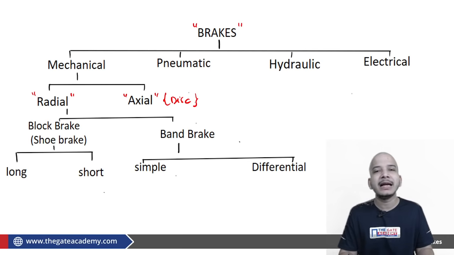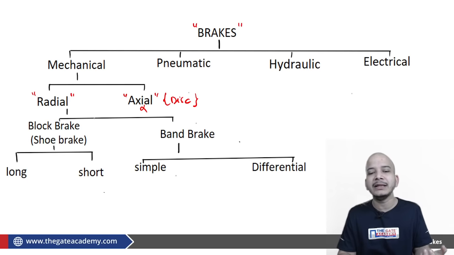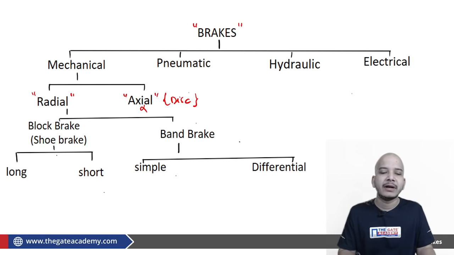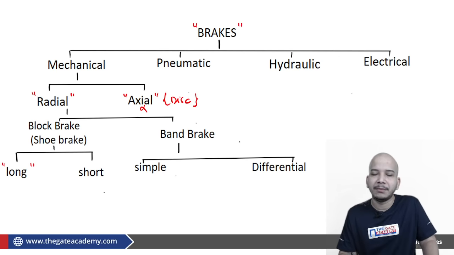But the point is that we don't have to study the axial brake, we just have to study the radial brake. And if in radial brake I classify, then it will be either shoe brake or band brake. Now shoe brake will itself be classified into two types, long shoe or short shoe, depending upon the angle which the block is projecting on the center of the rotation.